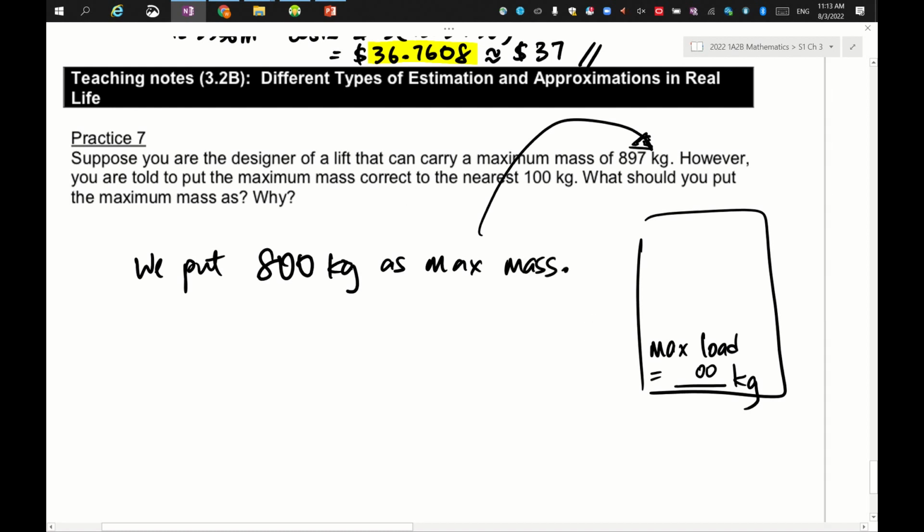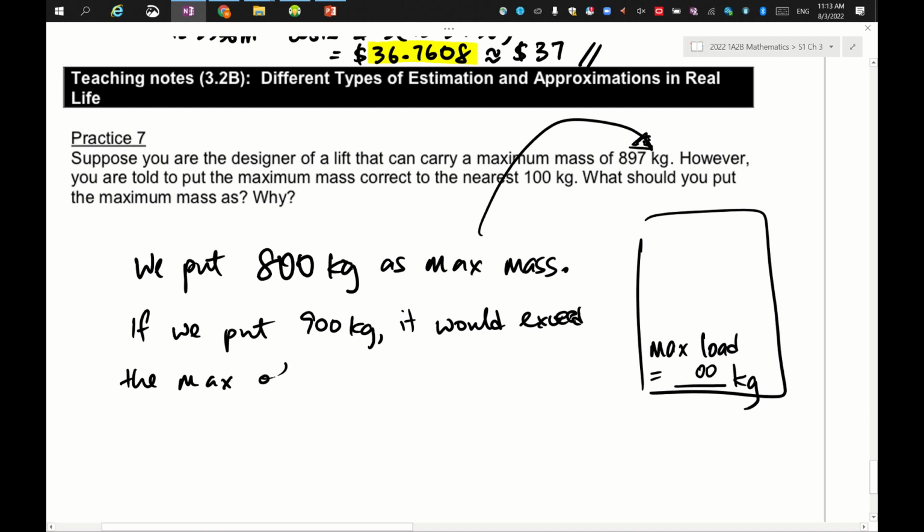Why do we put 800 kg as the maximum mass? Now if we put 900 kg, it would exceed the maximum of 897 kg and be dangerous.